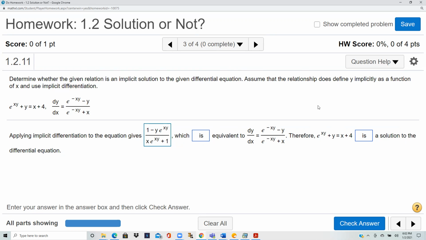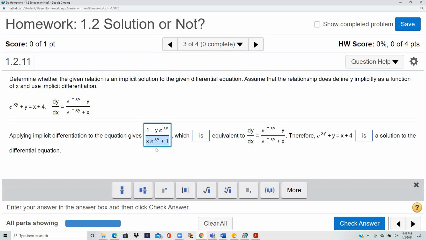Which is equivalent to... What's wrong here? Everything seems fine. Let's look at the typesetting. So do they mean dy? Do we also have to write dy by dx over here?